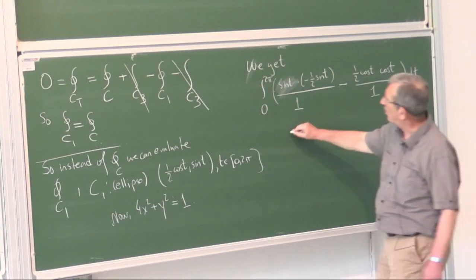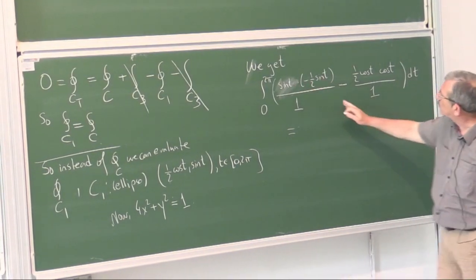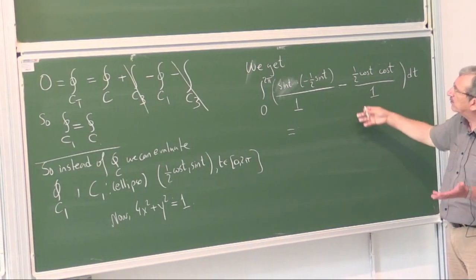So all this says is that I have minus sine square minus cosine square, which is minus 1.